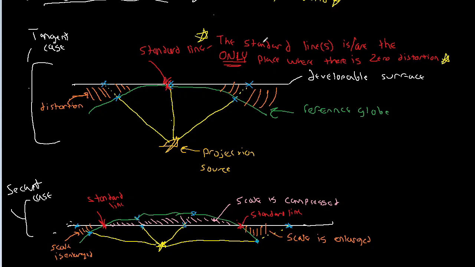Because again, standard lines are the only place where distortion is zero, and distortion gets progressively worse the farther away you are from a standard line. So, if you were trying to map Long Island, you would want a standard line to run along the length of Long Island, because that's going to give you the best possible map accuracy you can get.